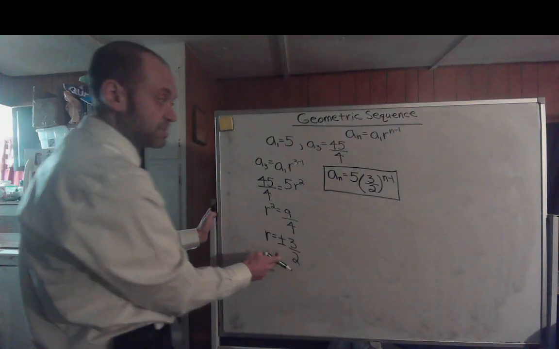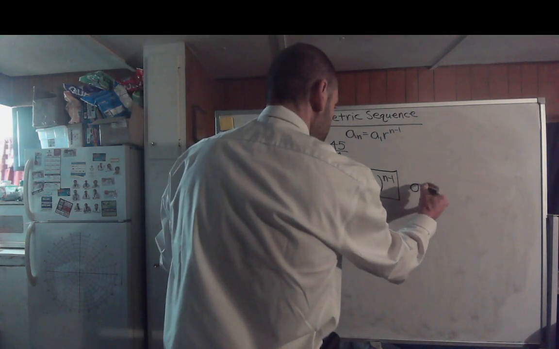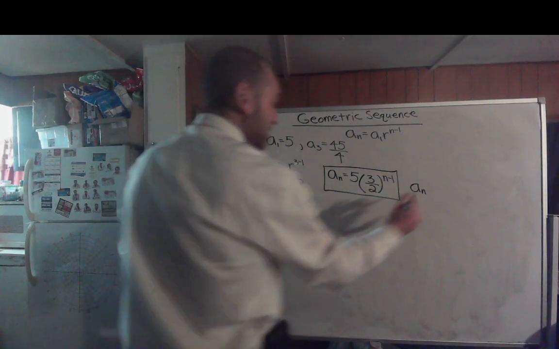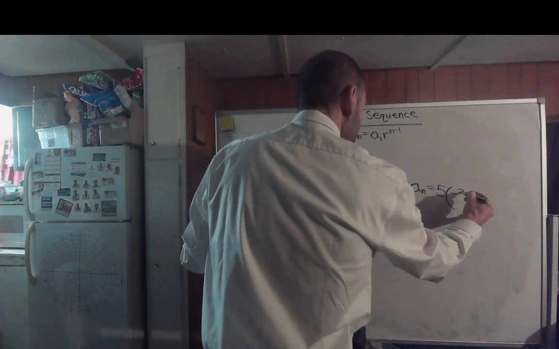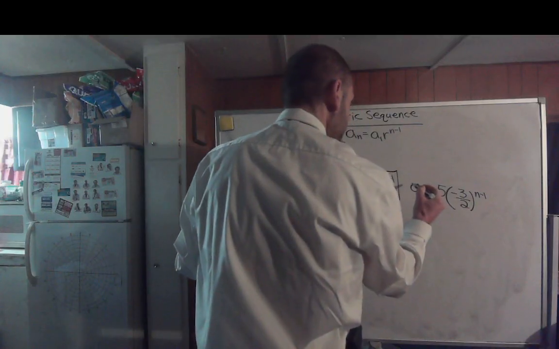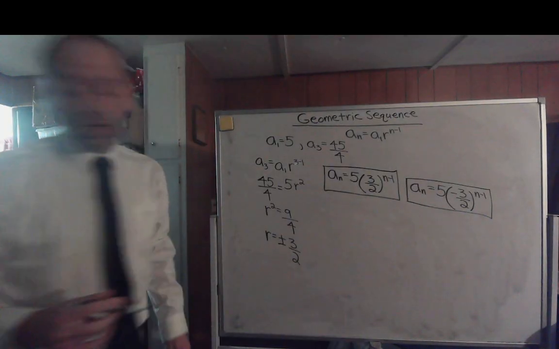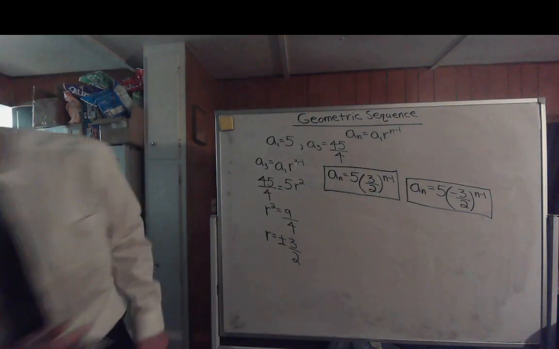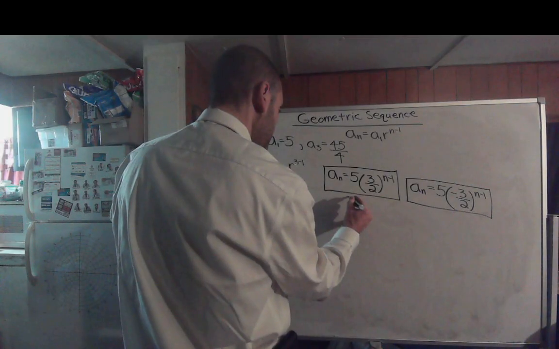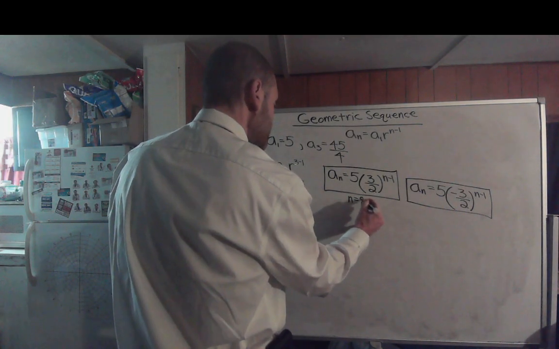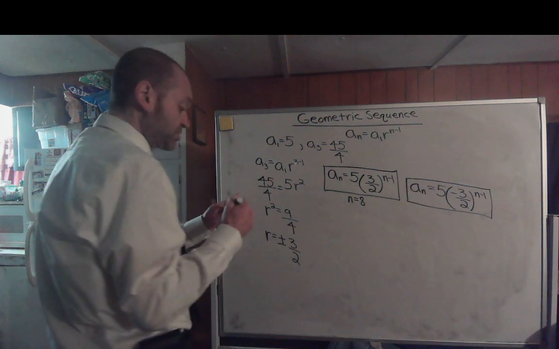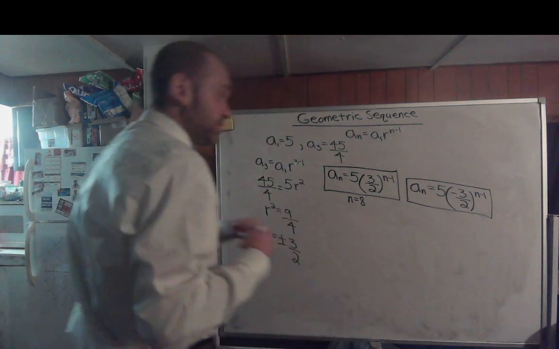The other possibility is when you have the common ratio being negative 3/2. a sub n would equal 5 times negative 3/2 to the n minus 1 power. And then they want us to find the eighth term. They want us to take when n equals 8. So that means we're going to have two possibilities for the eighth term.